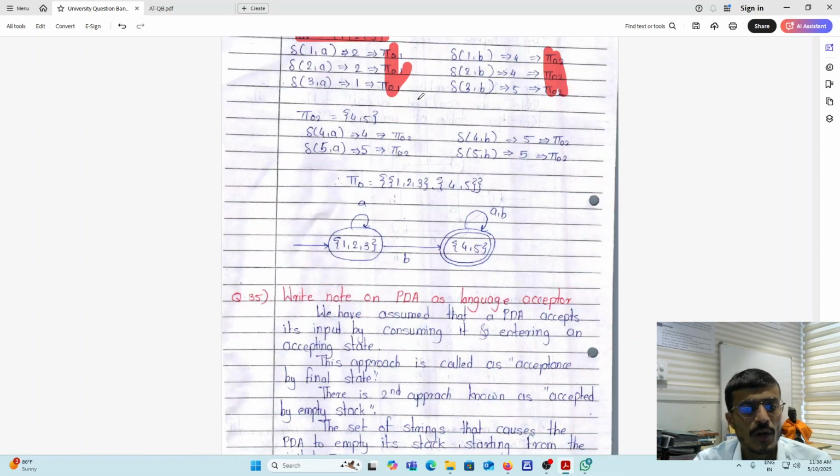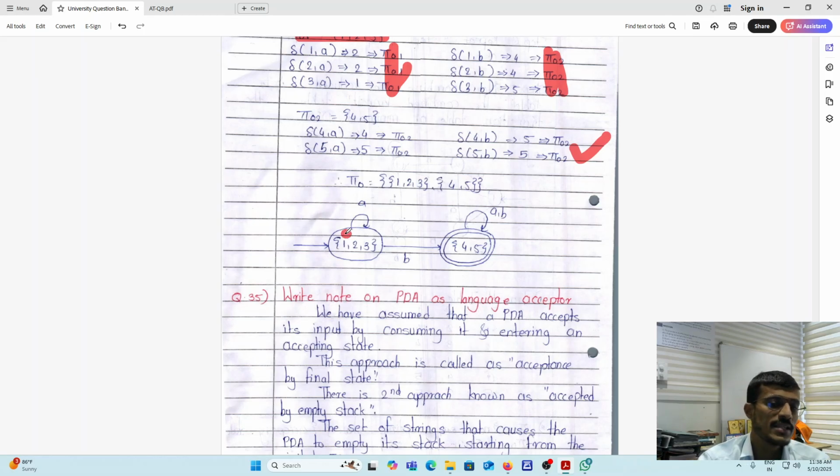Now going to the next one: delta of 4a goes to pi 02, delta of 5a goes to pi 02, and 4b and 5b also go to pi 02, meaning they have the same behavior. Once you find pi n and pi n minus 1 with the same result, you have to stop the partitioning.